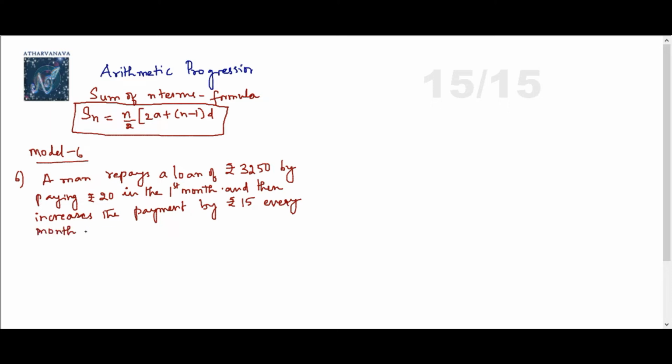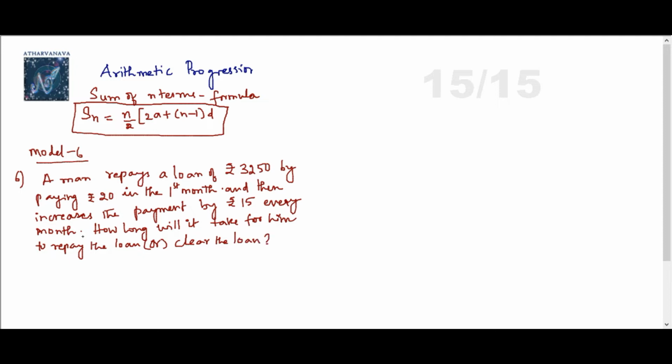So monthly he is paying rupees 15 extra. Every month he is increasing that. Then how long will it take for him to repay the loan, or clear the loan?